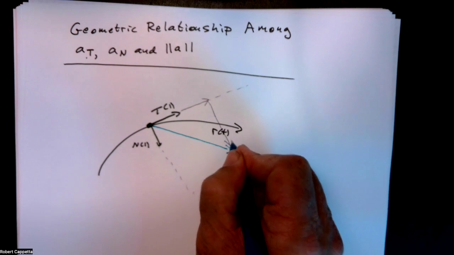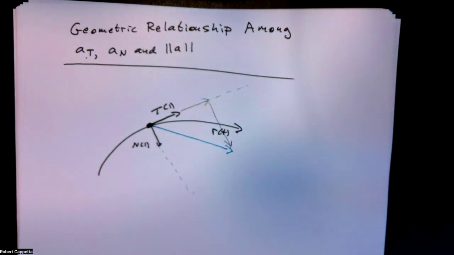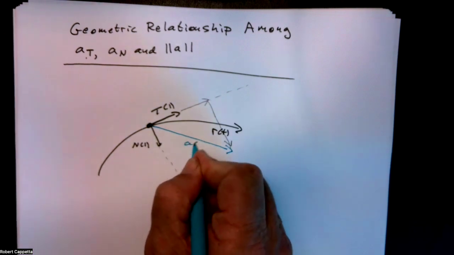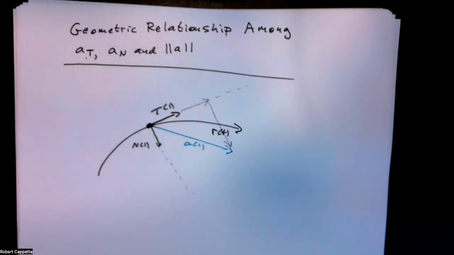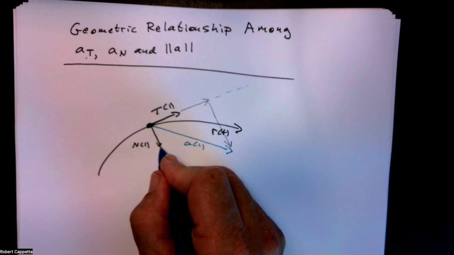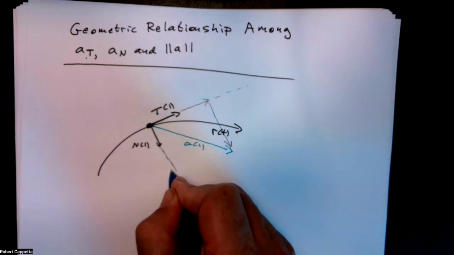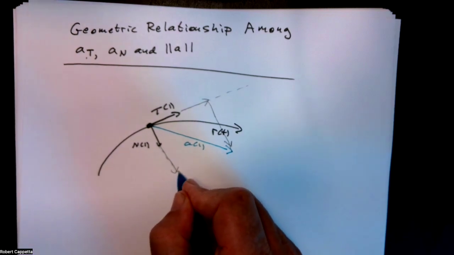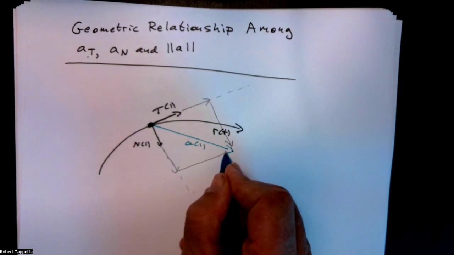So if I add these two vectors together, that will give me the vector a of 1. So this vector we will copy over to this side so that we can see it. So it goes about here and then comes here.